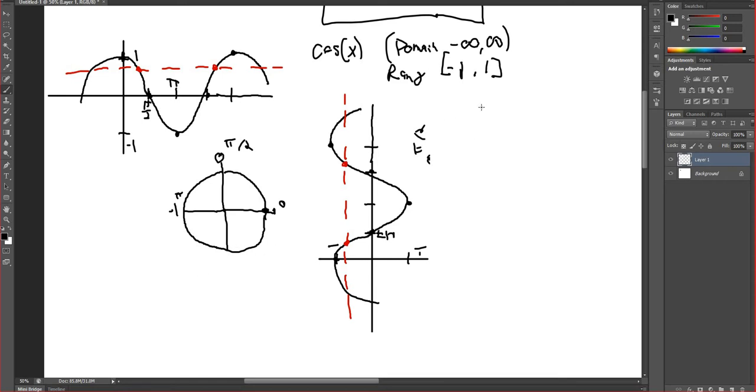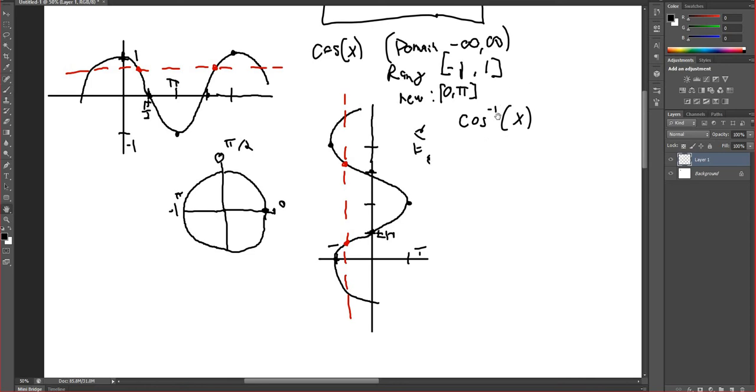So to be able to have cosine inverse, I need my new domain to be 0 to pi. Otherwise, we'll fail the horizontal line test.